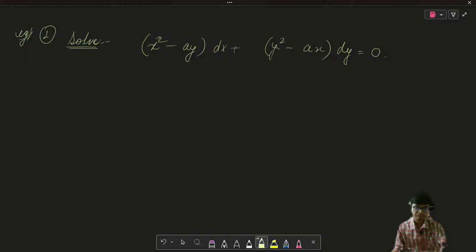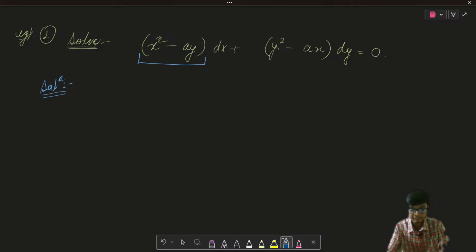Now once I have this differential equation, to check whether it is an exact differential equation, the steps are very simple. So I am proceeding with the solution so that you can understand. The first and foremost thing that I will do over here is to check whether it is an exact differential equation or not.